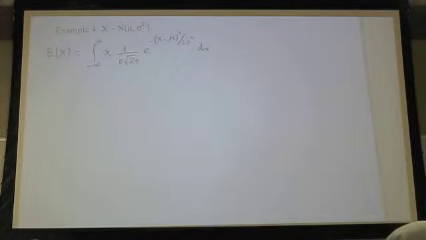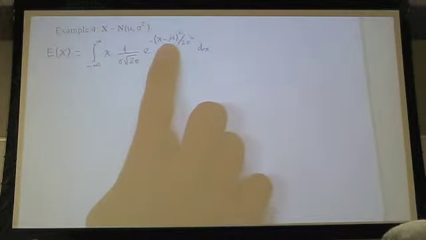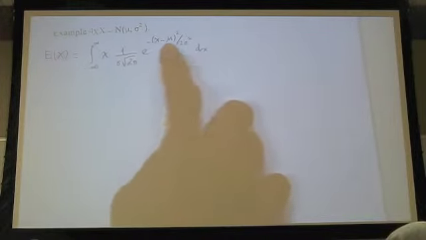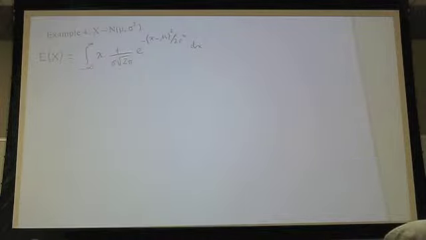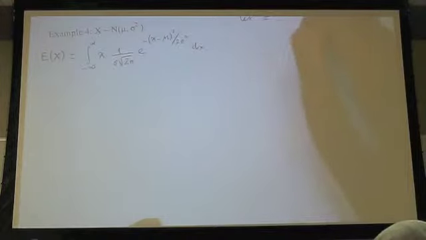Well, you know by now that this term right here is the trouble term. So why don't I just do a change of variable to make it look better, right? The transformation that does the job is z equal to x minus mu over sigma.